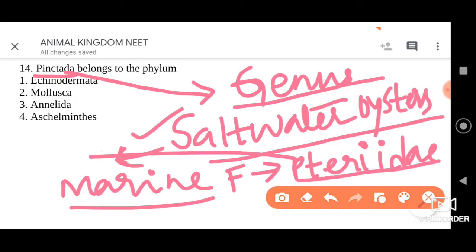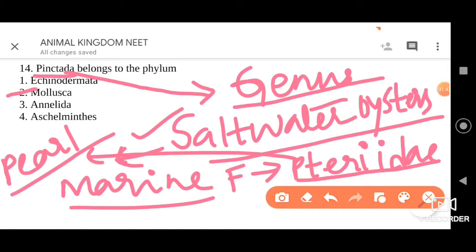So this family Pteriidae has pearl oysters. Alright. So now, considering Pinctada is a marine mollusk, among the given options you go for option 2, that is mollusca.